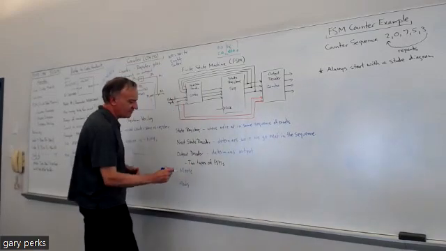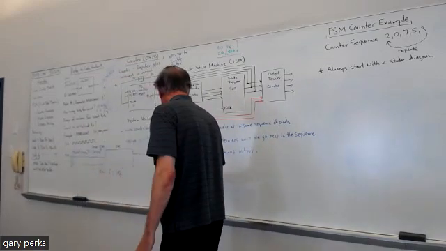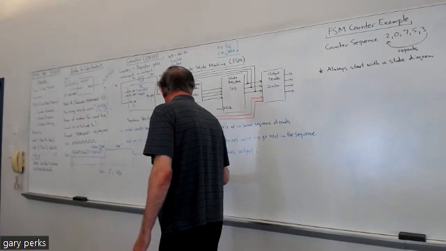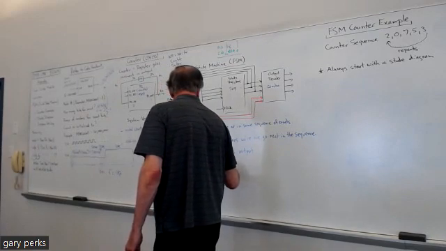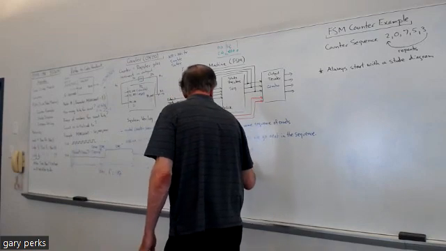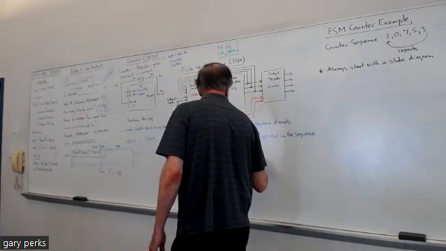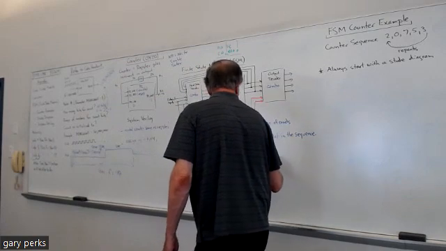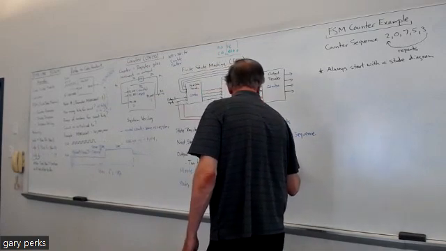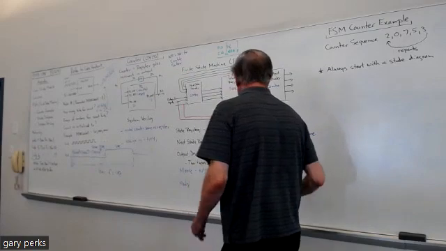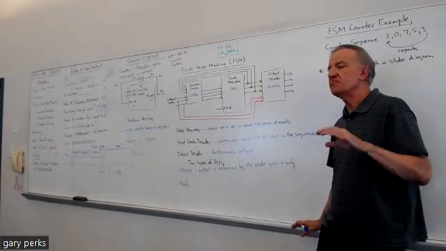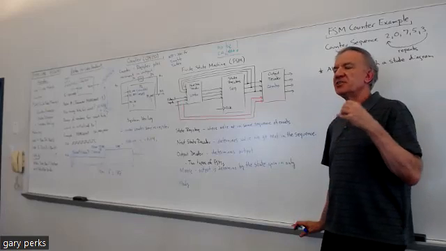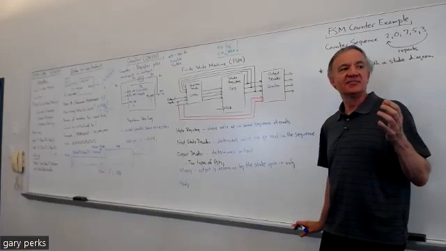Okay, if you have a Moore FSM, the output is determined by the state you're in only. Okay, so if you have a Moore FSM, the output is determined by where you're at.